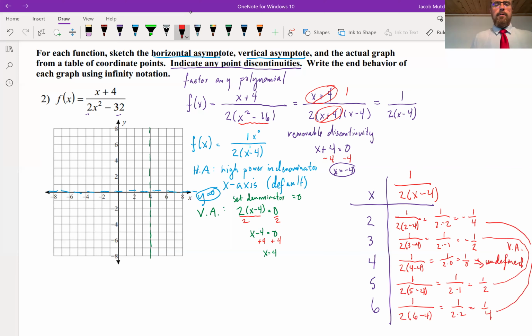Well, let's plot our function. So I'm going to graph these points. It's underneath the x-axis at 2. Not far, but it's at -1/4. At 3, it's -1/2. So there's that left piece of the rational function.